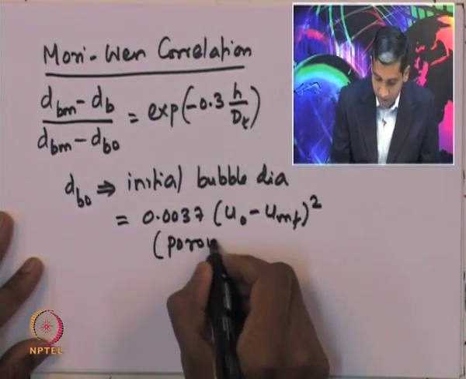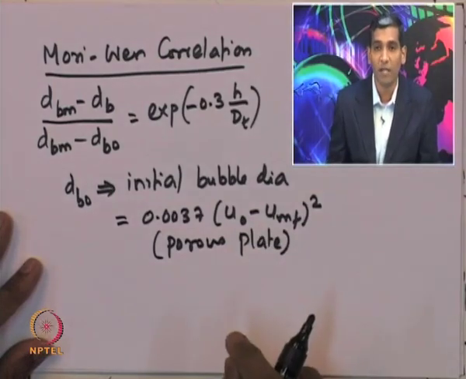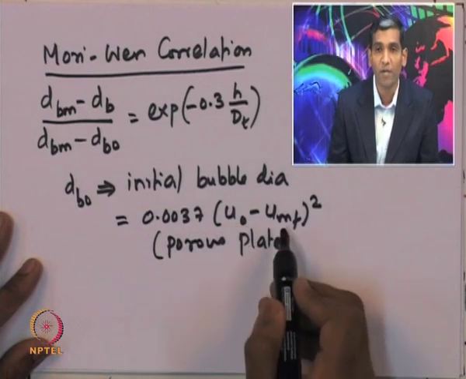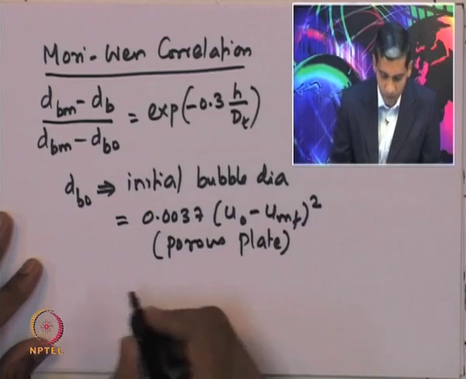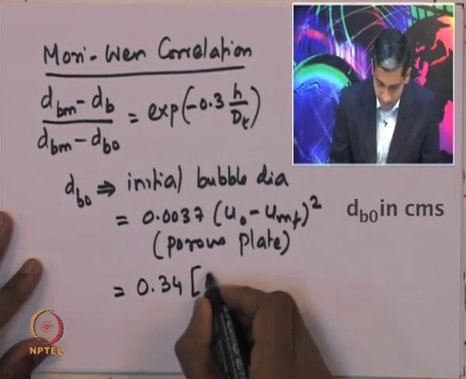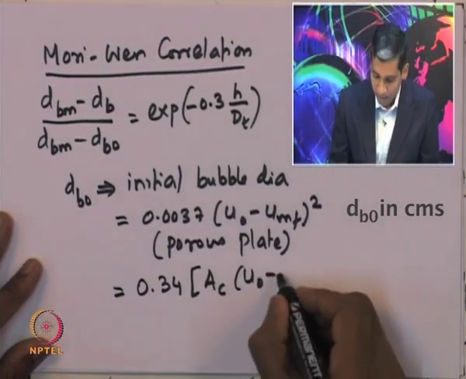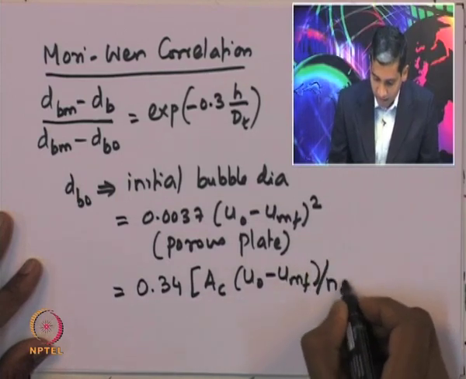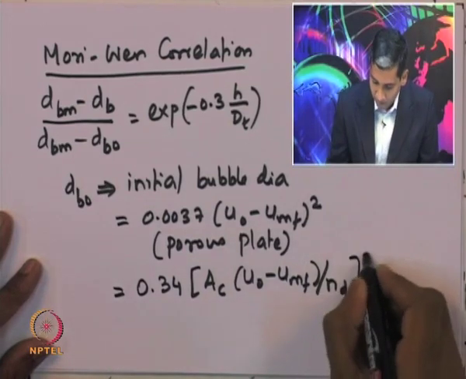If it is a porous plate, then the correlation that gives an estimate of the initial bubble diameter is given by 0.0037 times the superficial velocity minus the minimum fluidization velocity, squared. For a perforated plate, it is equal to 0.347 [Ac (u0 − UMF)/N]^0.4, where Ac is the area of cross section, u0 is the superficial velocity, UMF is the minimum fluidization velocity, and N is the number of perforations present in the perforated plate.